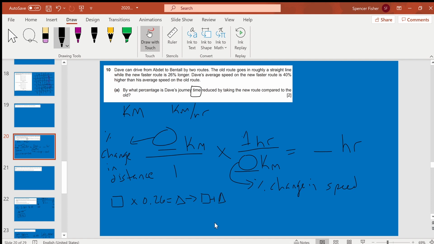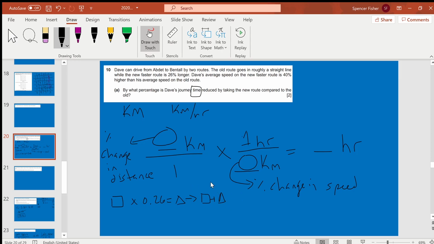Okay, so if this was some value for kilometers, and it's 26% longer, if we wanted to see what 26% longer looked like for that original value, we would take that original value times 0.26, which is this, and then add those values together.